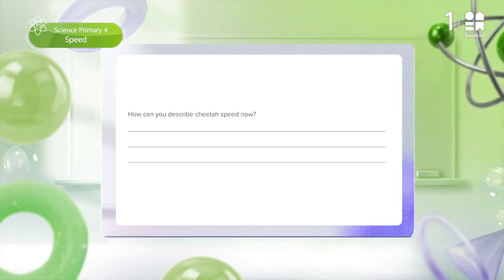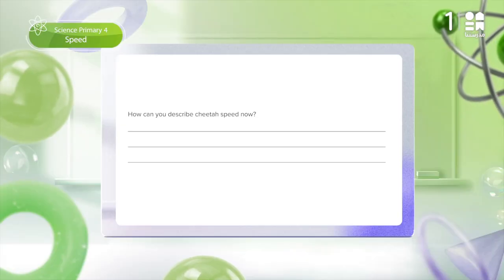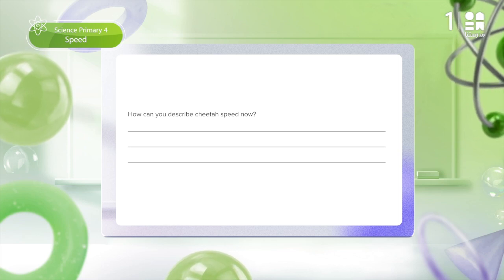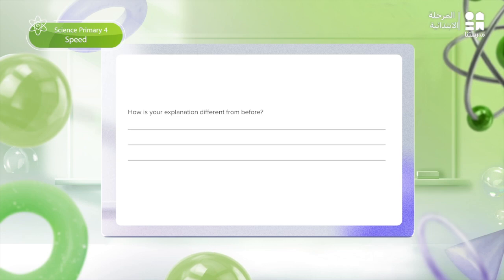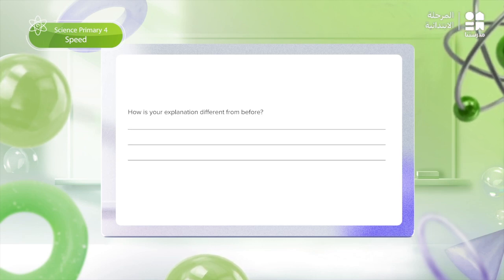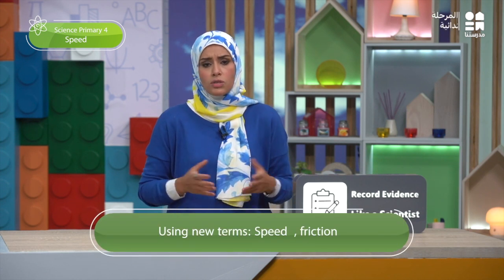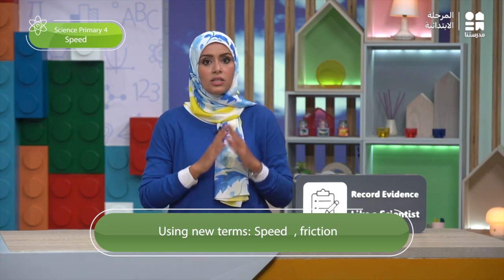Let's go back to our book on page 206 and answer the questions with the information we reviewed. The first question is, how can you describe the cheetah's speed now? The second one is, how is your explanation different from before? We should show how our explanation is different from the one we wrote at the beginning of the concept. What should we keep in mind while we write our new explanation? What things should we think about? You should use new scientific terms not used before, like the words speed and friction.